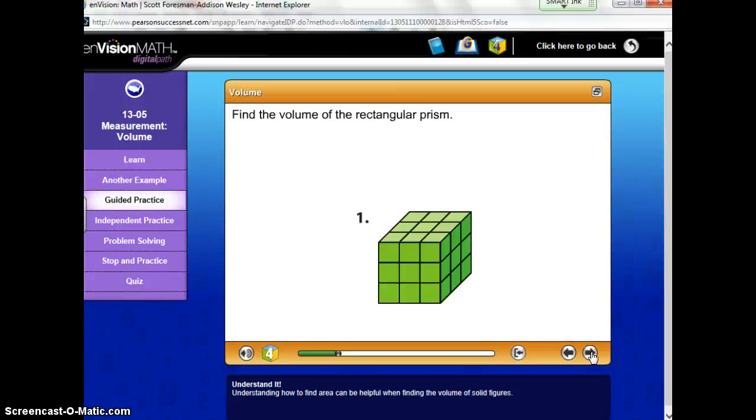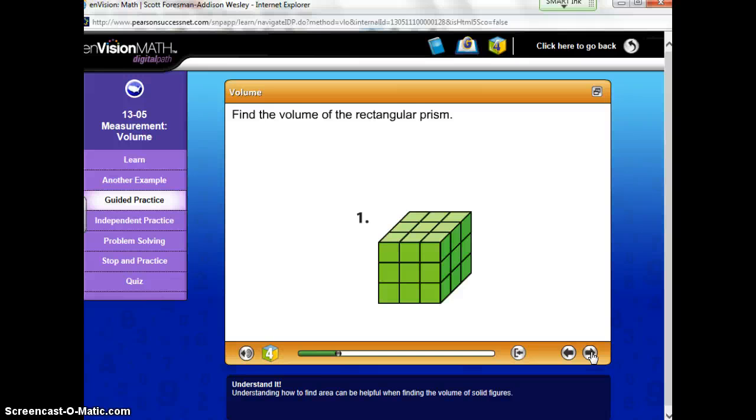Brendan says, he's thinking. Now, didn't we just mention that there's a much easier way, Brendan, than counting every single cube in there? Natasha?